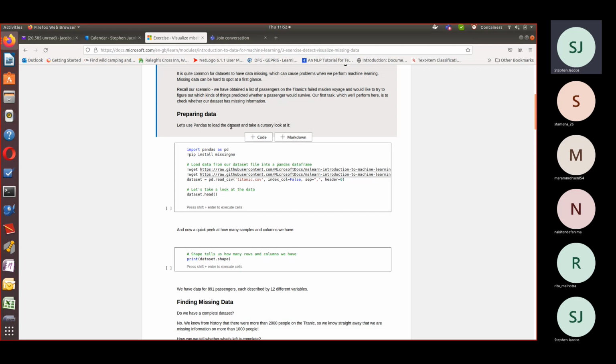So we're using pandas to load the data set. There we go. We're going to install missingno. This is some kind of repository that can deal with missing numbers in data arrays. So here we go.